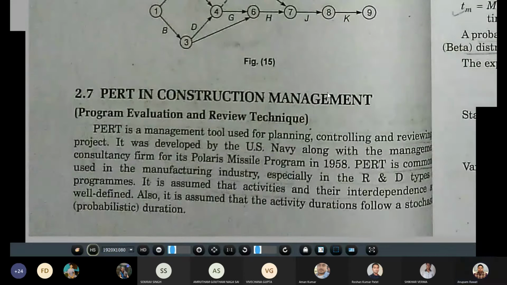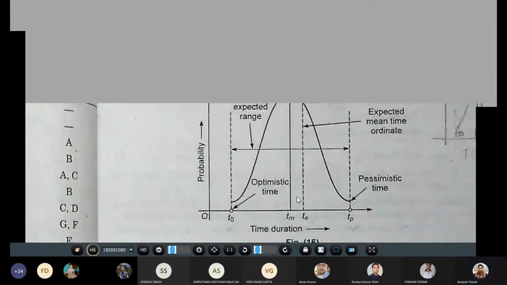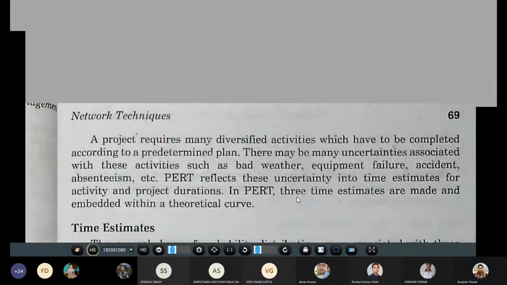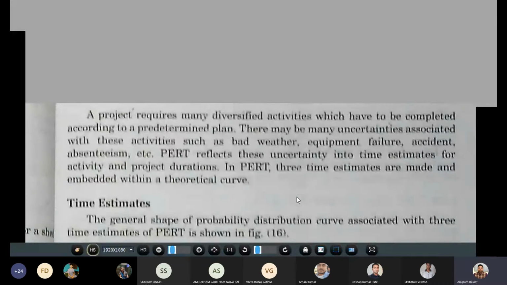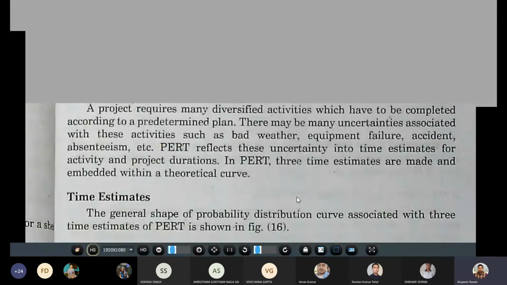So in this part, we have to do the time estimation. PERT can apply to any field requiring a planned, controlled, and integrated work effort to accomplish the goal.